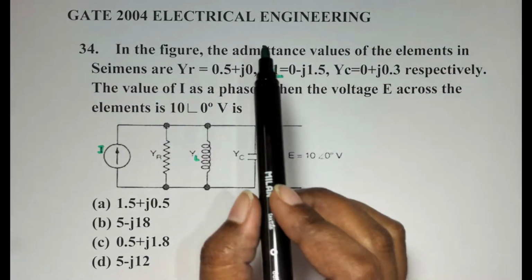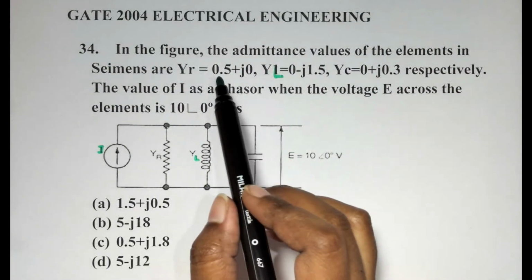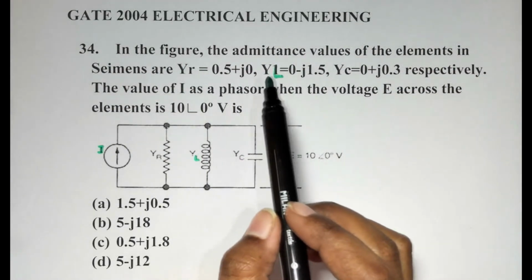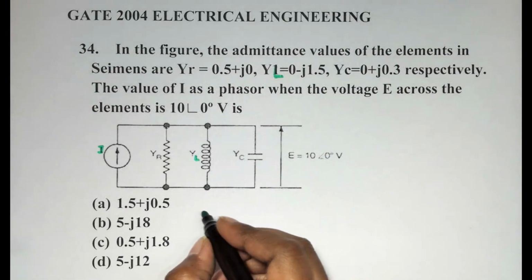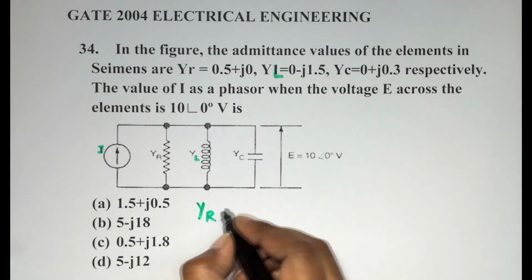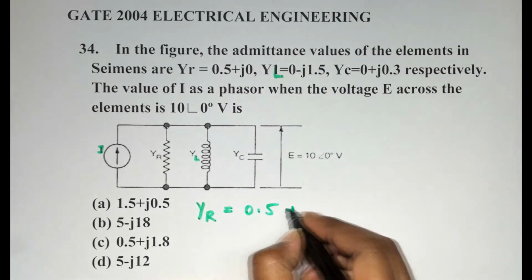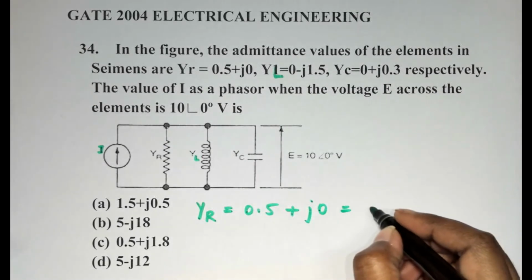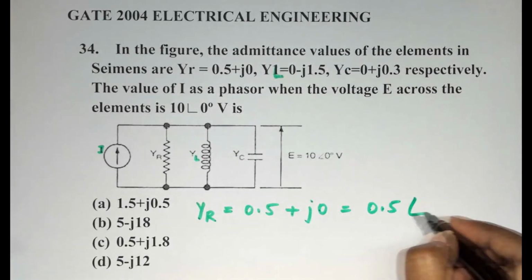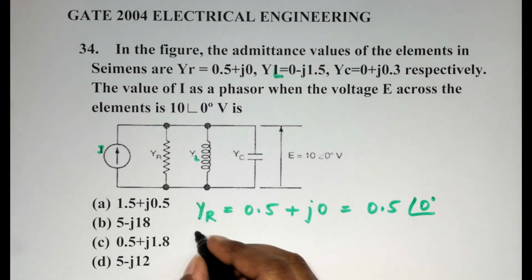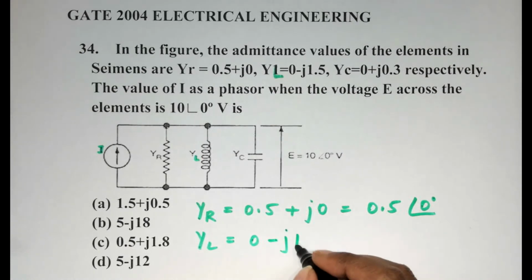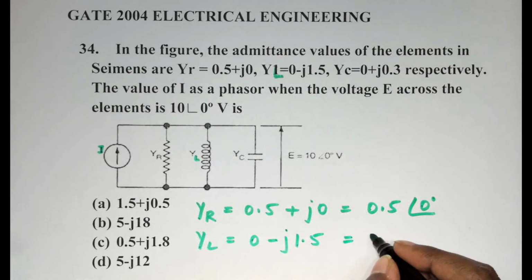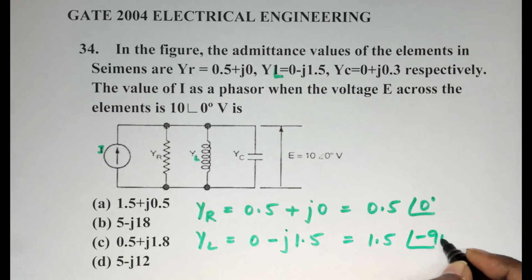So first let's convert all these three values given, YR, YL and YC, into polar form. I'll write that down here. We have YR as 0.5 plus J0, and that would be 0.5 angle 0. Next we have YL, which is 0 minus J1.5, and that's 1.5 angle minus 90.